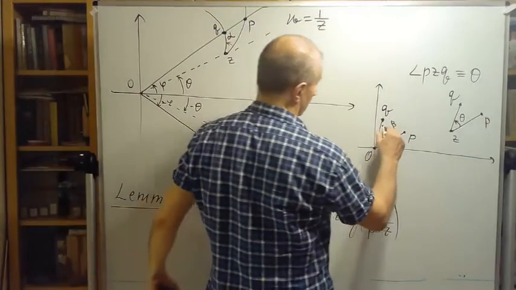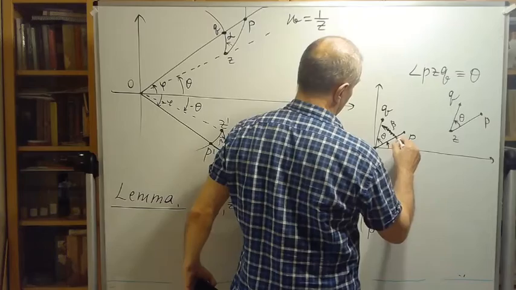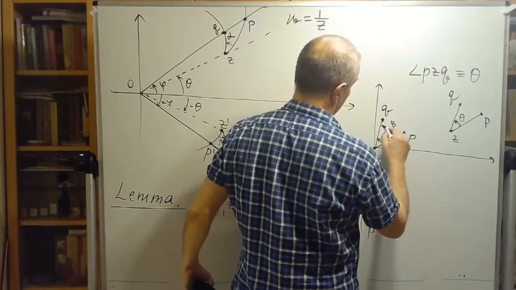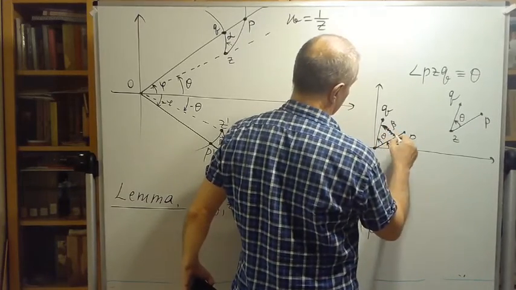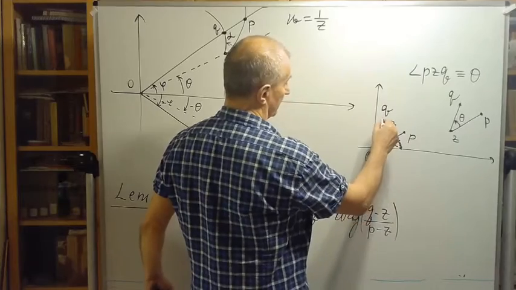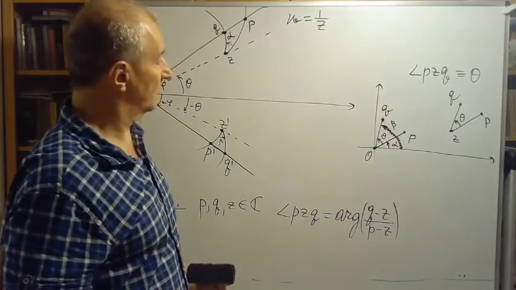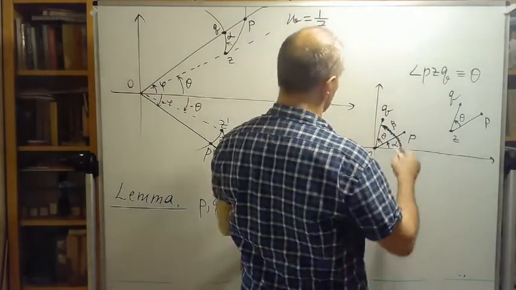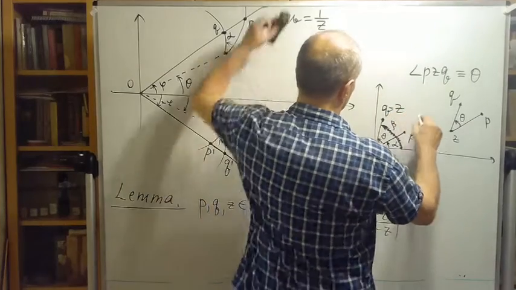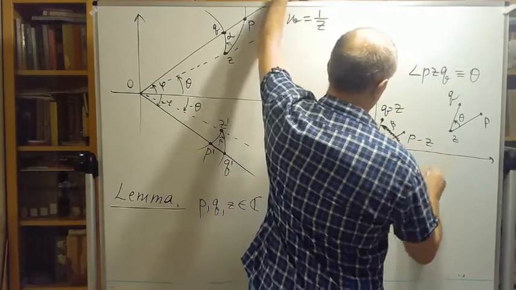This beta I will make more visible, so it's clear that it doesn't end here, it goes all the way to Q. So this number is not Q anymore, it's now Q minus Z, right? And this is P minus Z.